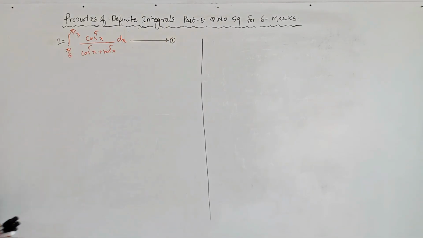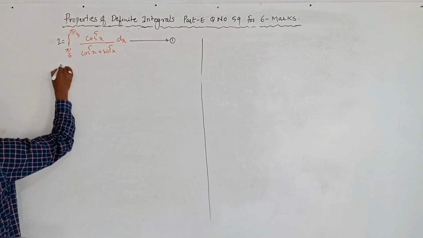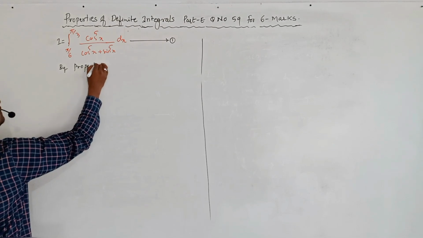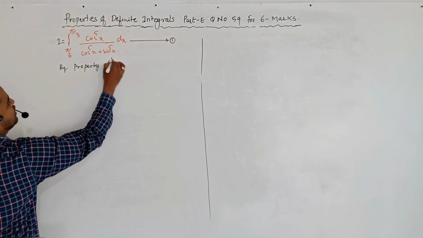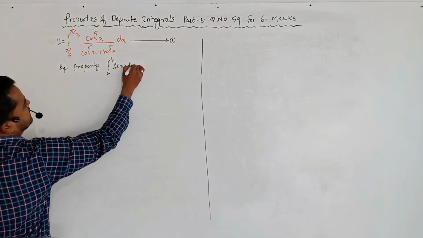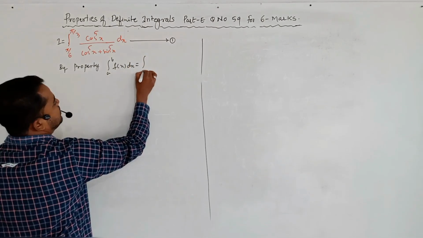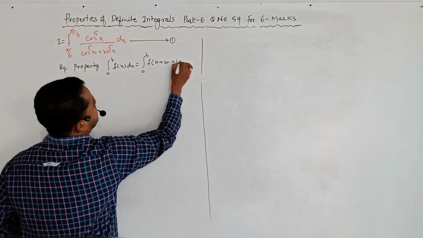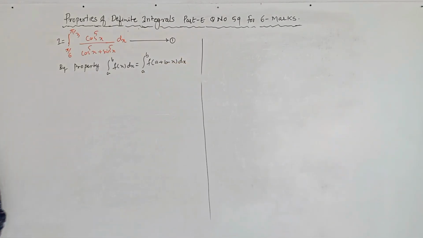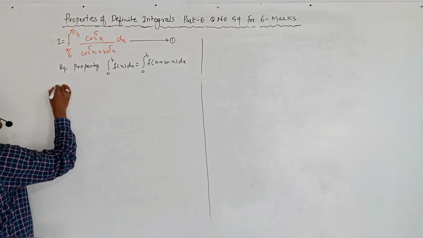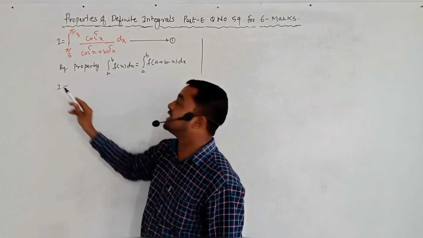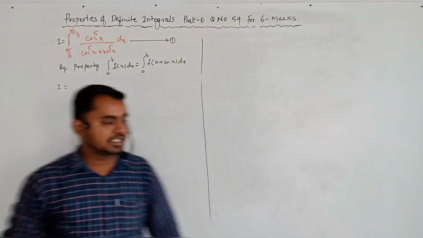Now by the property, integration of a to b f(x) dx is equal to integration of a to b f(a plus b minus x) dx. Here a plus b means 5π/6 plus 5π/3 minus x.